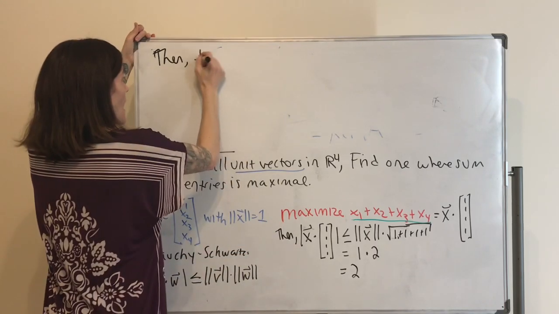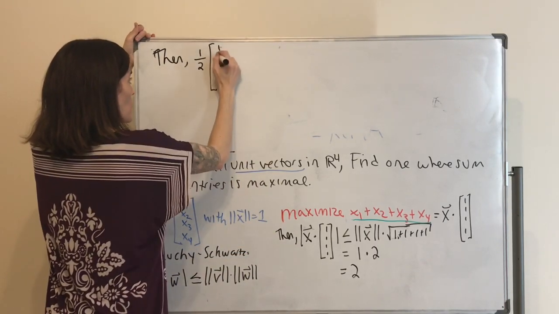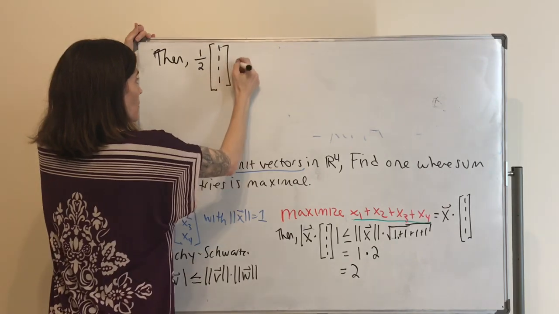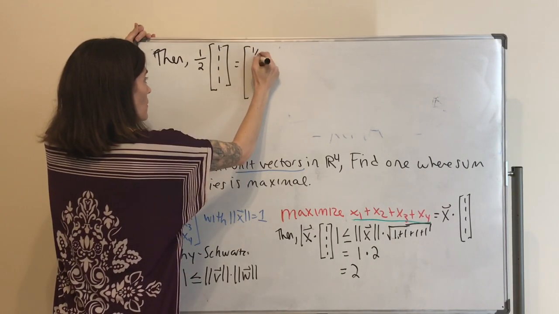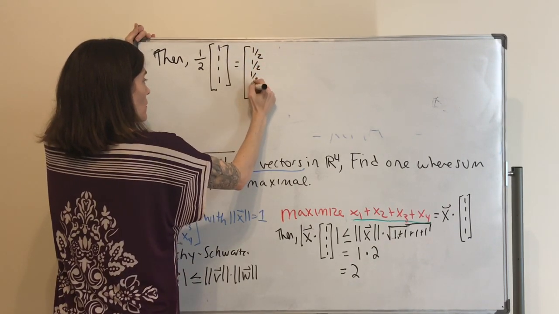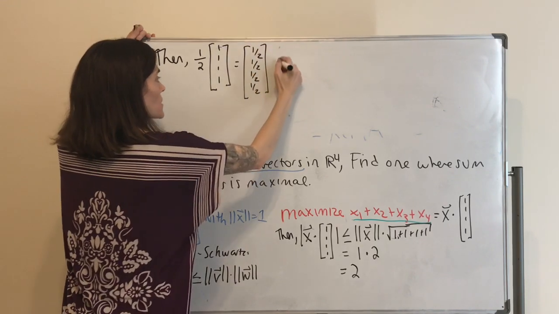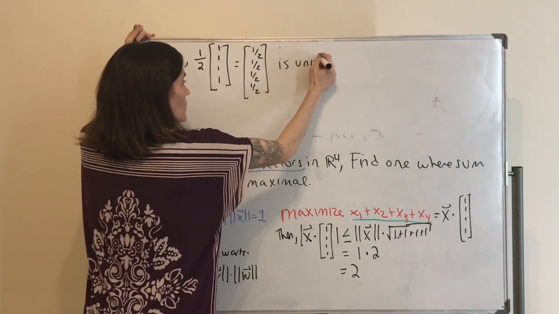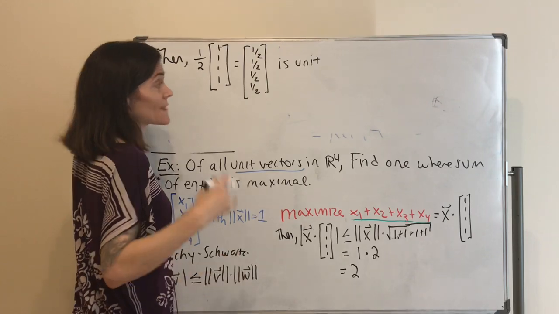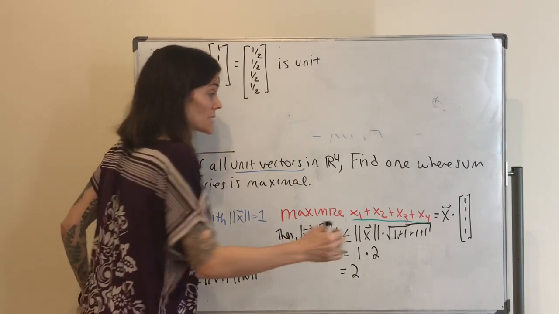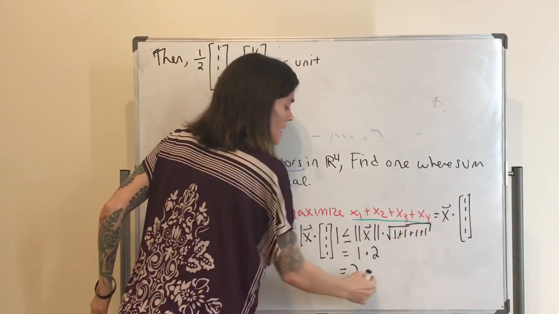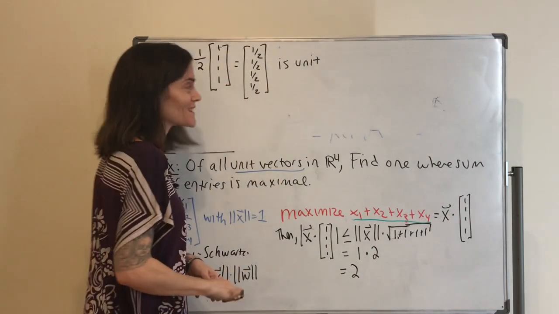If we take a half times 1, 1, 1, 1, this vector is unit. You can either calculate the length or just realize we took a non-zero vector and divided by its length. Of course it's unit.